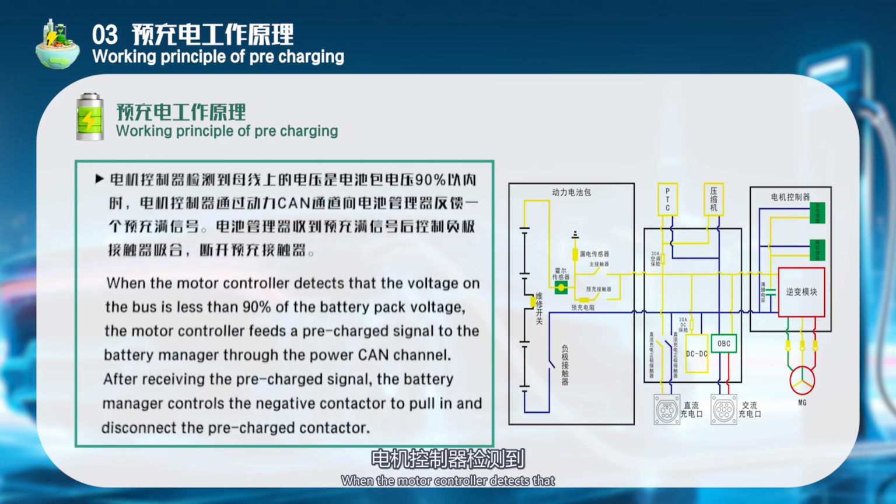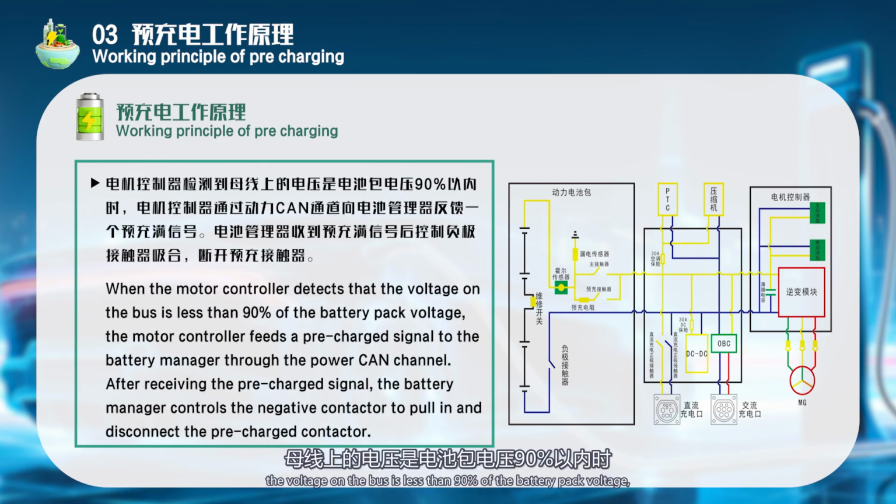When the motor controller detects that the voltage on the bus reaches 90% of the battery pack voltage, the motor controller feeds a pre-charge signal to the battery manager through the CAN channel. After receiving the pre-charge signal, the battery manager controls the negative contactor to pull in and disconnects the pre-charge contactor.